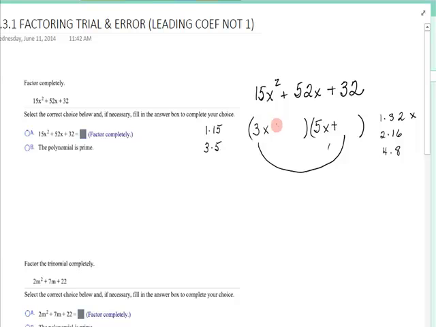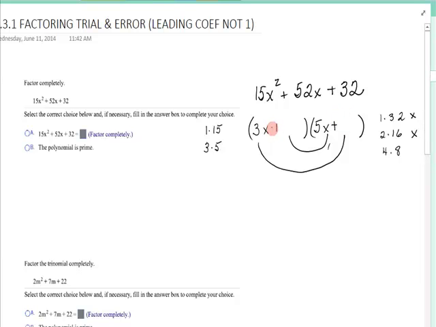So I reverse it, and it actually gets worse because the outer product is 6x, the inner product is 90x, and that's way too big. So 2 and 16 didn't work, 16 and 2 didn't work. Now you're getting to see why they call it trial and error.